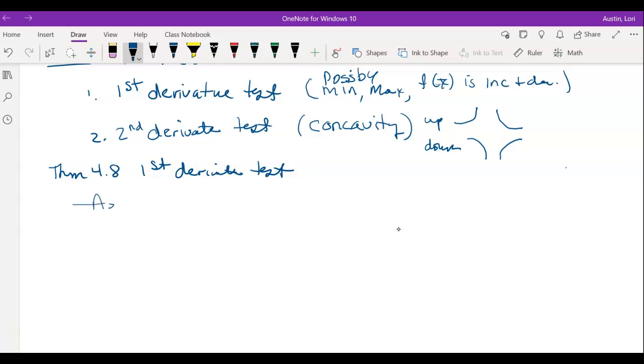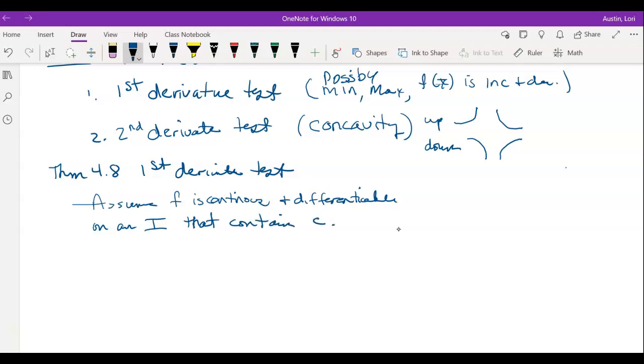Let's assume, of course, f is continuous and differentiable on an interval that contains c. c just stands for critical points.